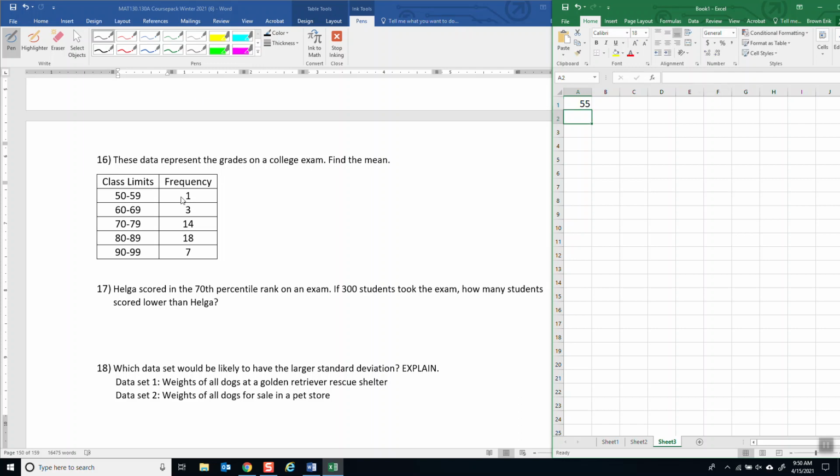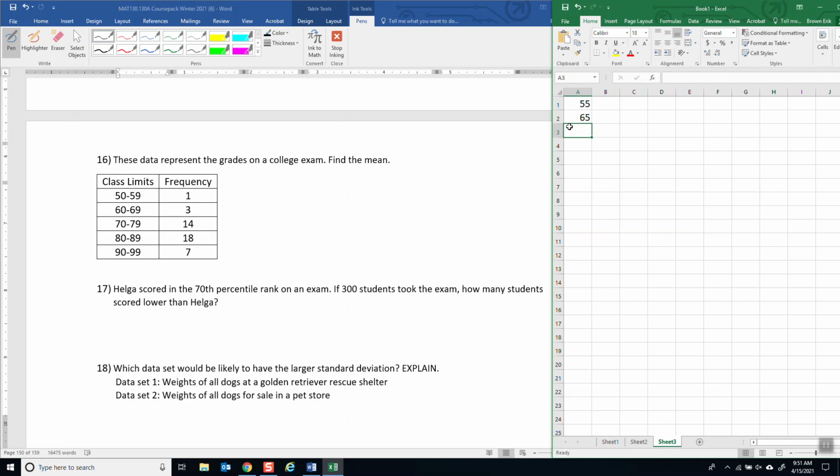So the midpoint of this class limit is 55. And then the next one, 60 plus 70 divided by 2, that's 65. Look, there's a distance of 10 units between these midpoints, and that's actually the width, because the difference of these consecutive lower limits is 10.